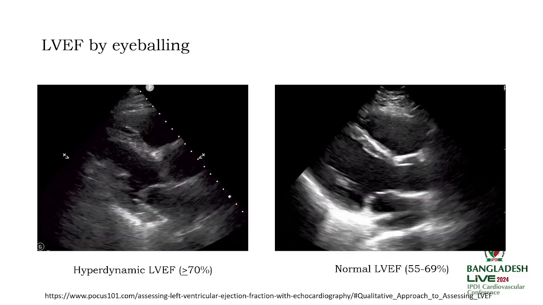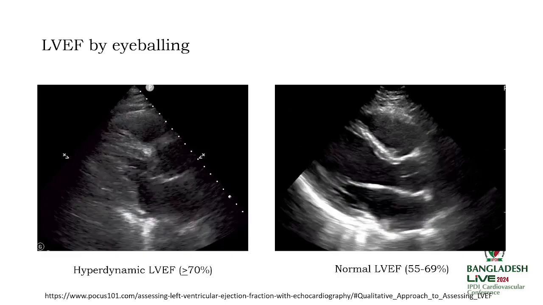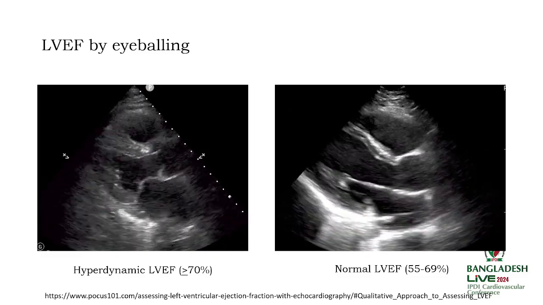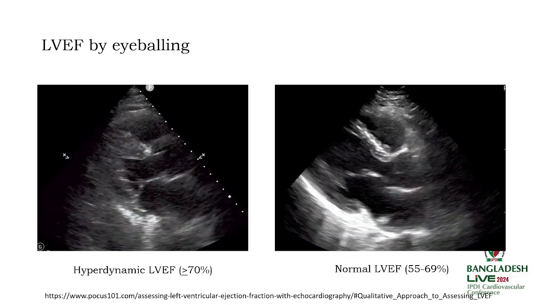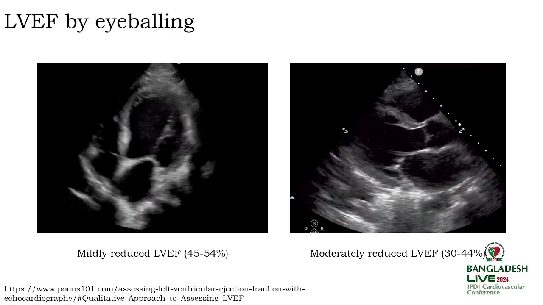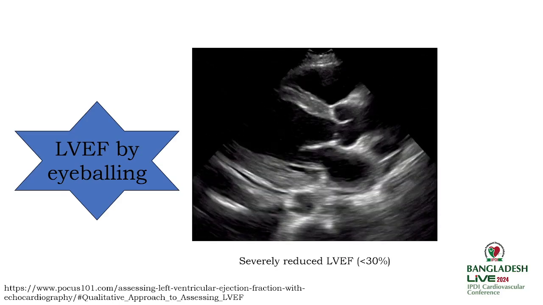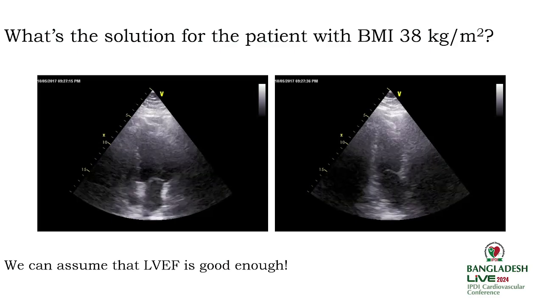But the problem is that for excellent correlation between these two, you have to train your eyes more and more, and you have to gain high experience. Only in that case can you do very good eyeballing. So don't neglect eyeballing. What is the solution with this patient?